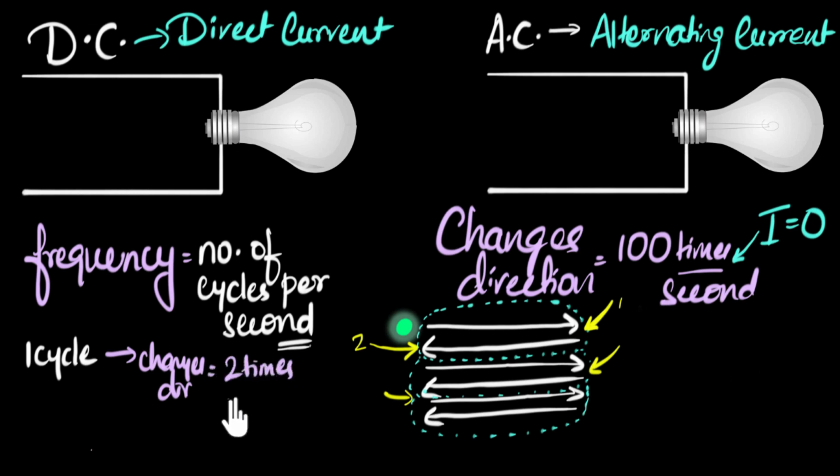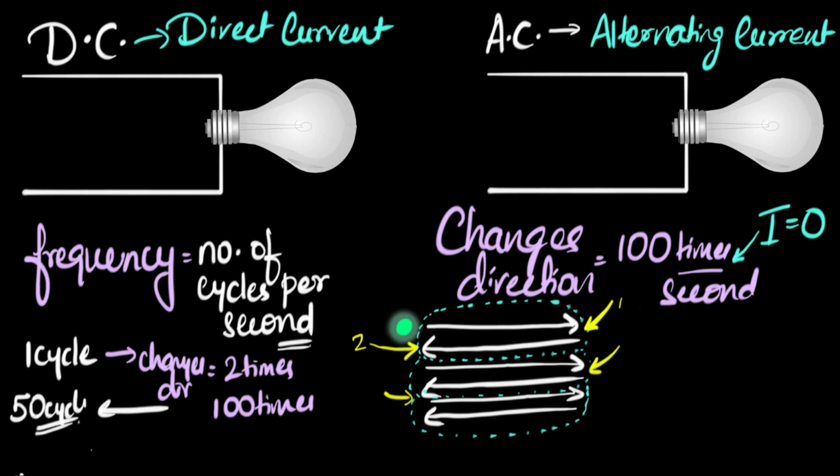So if the electron changes direction 100 times, how many cycles is it? Notice the number of cycles is half the number of times it changes direction, right? So if the electron is changing its direction 100 times, it has to be 100 by 2, 50 cycles.